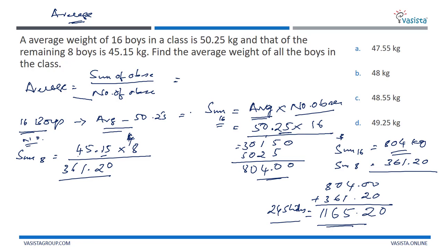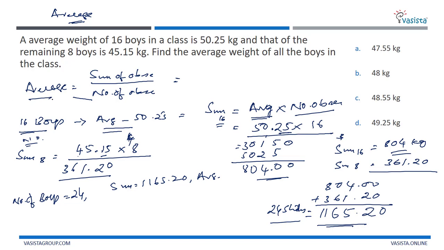Now what are we supposed to find? Find the average weight of all the boys in the class. The total number of boys is now 24, and the sum of weight is 1165.20. Now we are supposed to find the average. You know what is average?